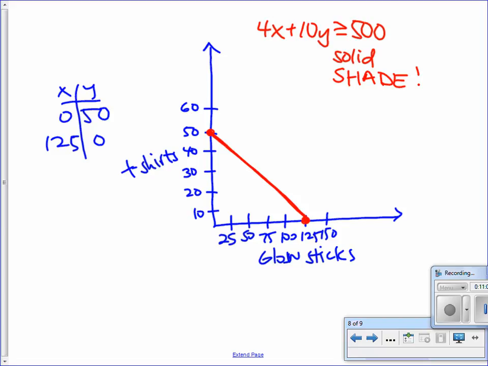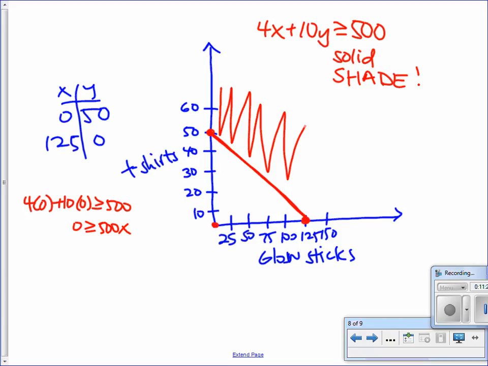So I need to figure out, would 0, 0 work? Here's my 0, 0. Well, 4 times 0 plus 10 times 0, would that get me at least $500? No, it would not.